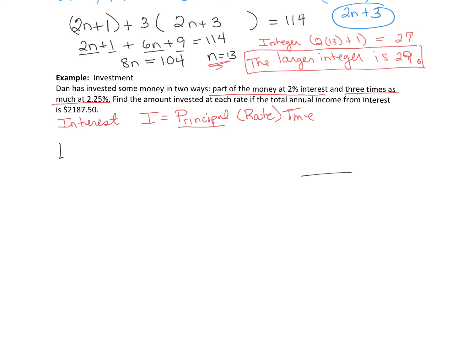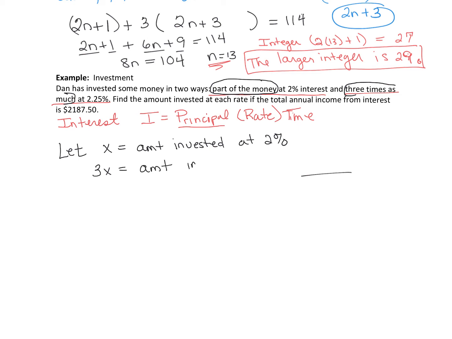So I am going to let X be the amount invested at 2%, because all that said there was part of the money, so we don't know. But when we're talking about the 2.25% example, that's 3 times as much as we put into the other one. So 3x is the amount invested at 2.25%.